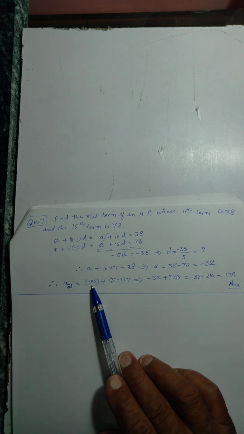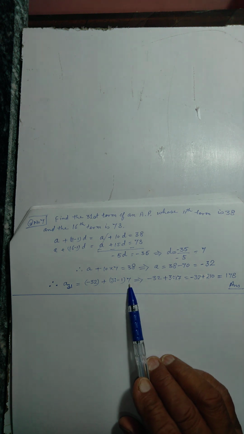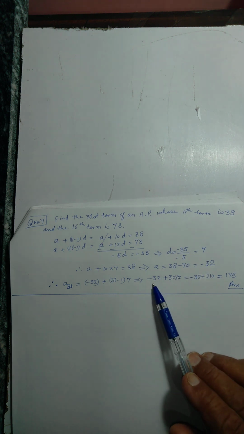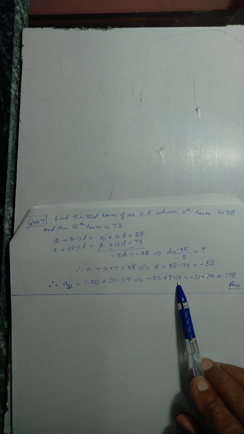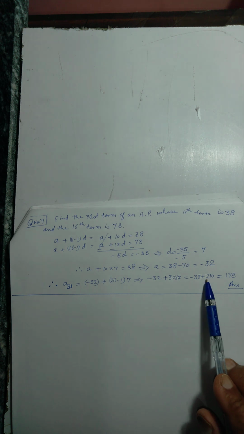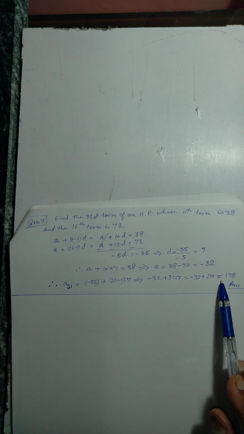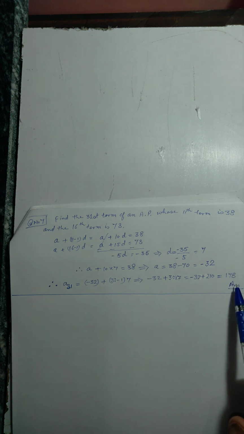So write down the first term, that is minus 32, plus (31 minus 1), that is (n minus 1) into D. D is the common difference, that is 7. So minus 32 plus 30 into 7, that will be equal to minus 32 plus 210, which is equal to 178. This will be the answer.